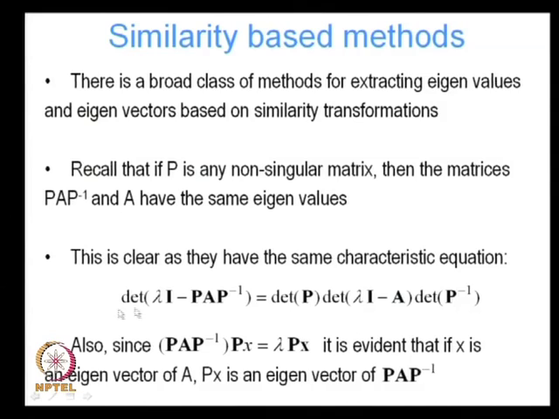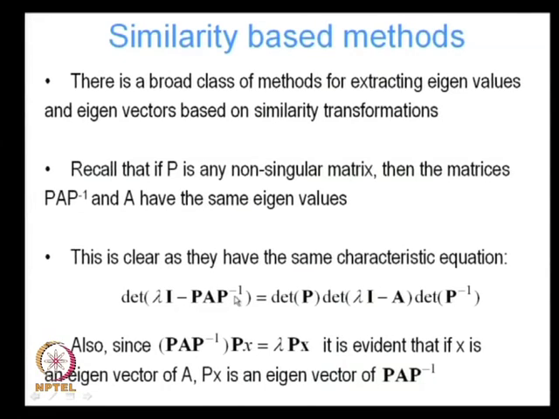So, in that case I can write this as determinant of lambda P P inverse minus P A P inverse. I take P outside. So, I get P times lambda P inverse minus A P inverse. I take out P inverse to the left.